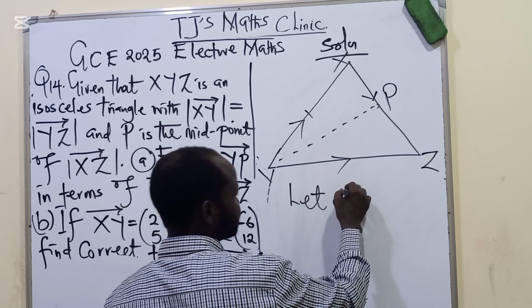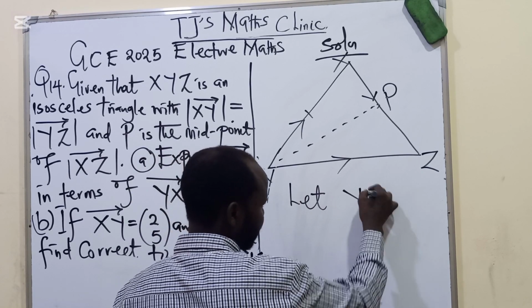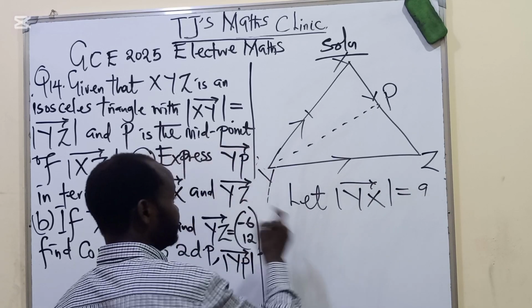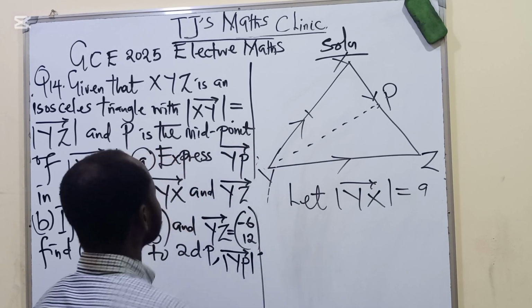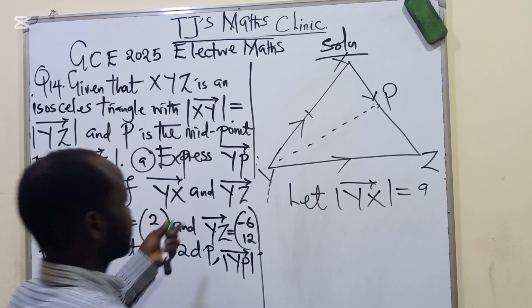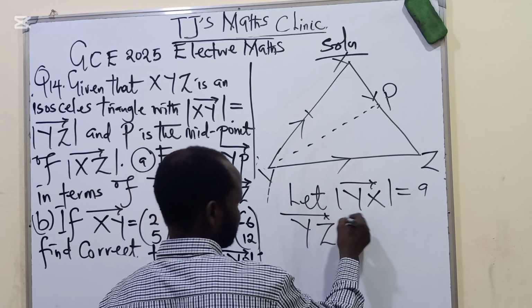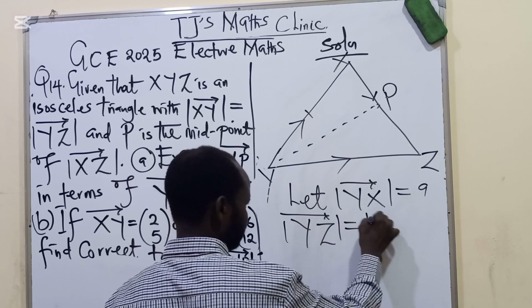Let's say vector yx is equal to a, then vector yz is equal to b.